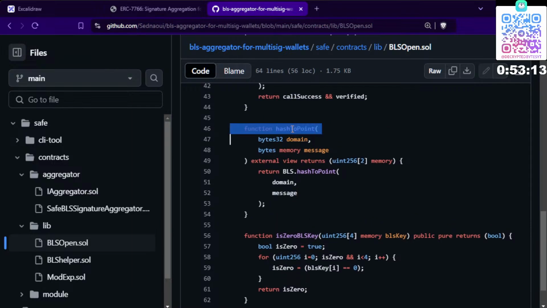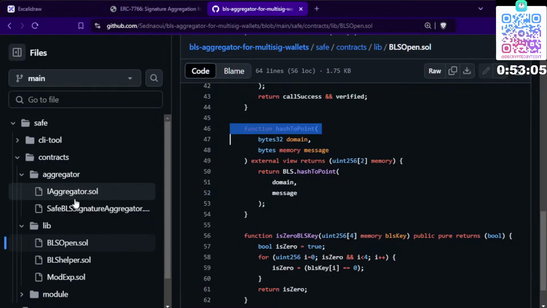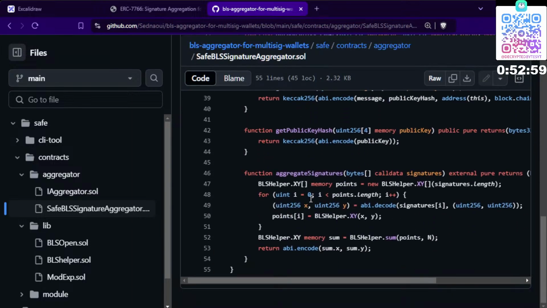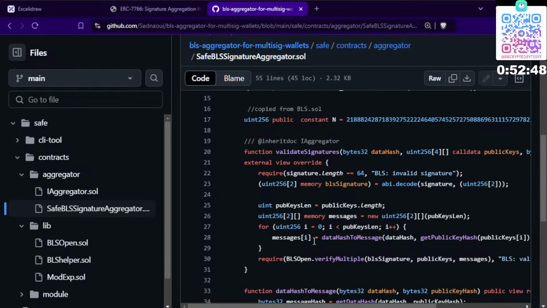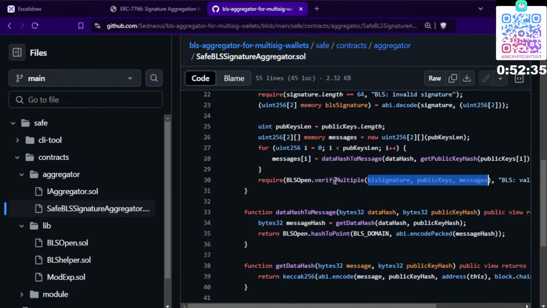I guess here we are generating the, what was that? Safe. It needs three values, right? I remember seeing that somewhere. It had three values. Okay, public key, the message, and the signature. So yeah, you see here this one I was saying verify multiple.